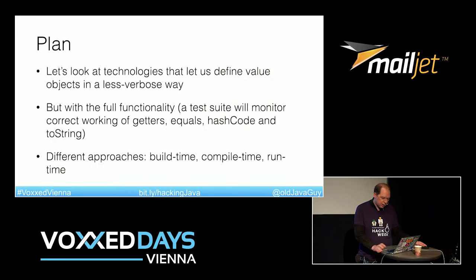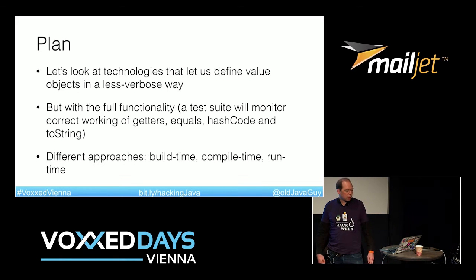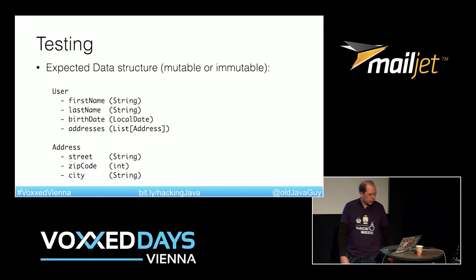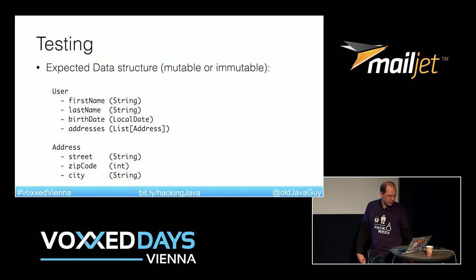So let's look at tools that help reduce the pain of this. And as I said, I have all of this covered in unit tests, and so for this part of the functionality, I created an abstract test suite that will expect a certain structure of value object, which is like this. So I have a user with a first name, last name, birth date, and a list of addresses, and address is another value object.